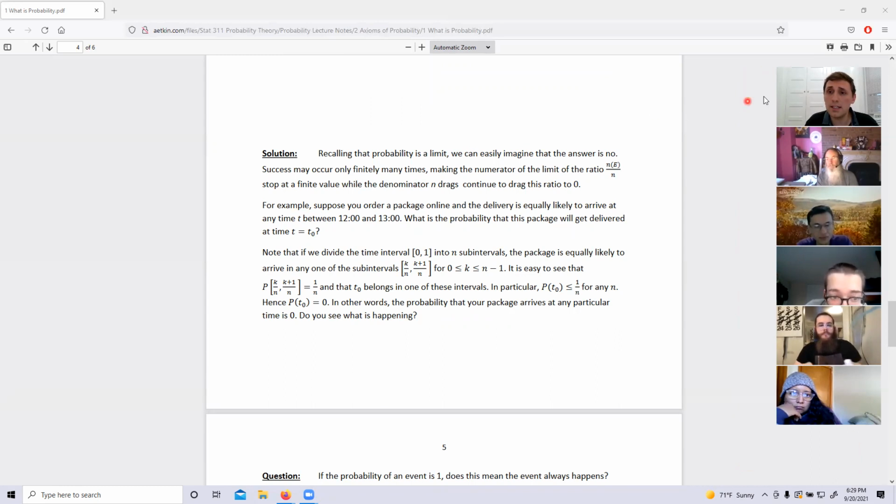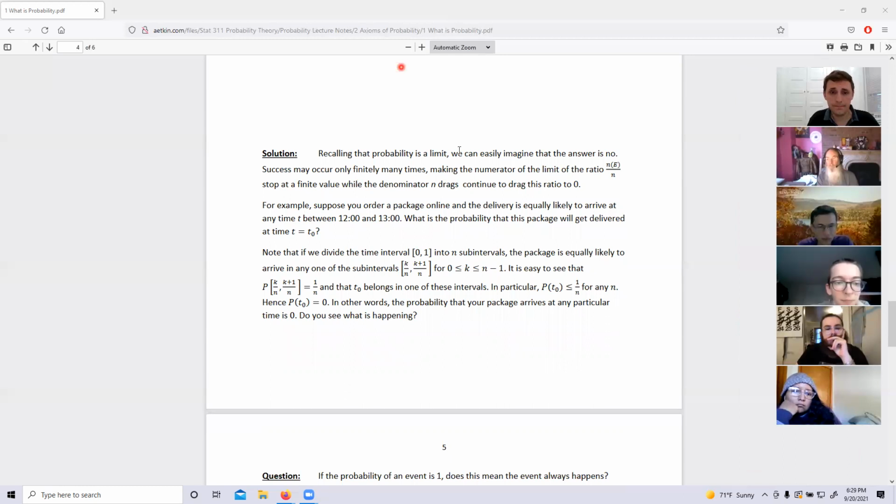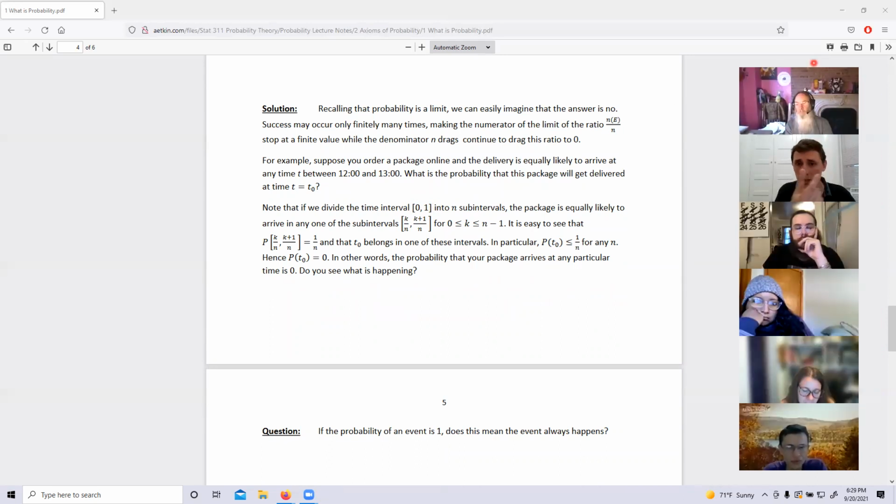And let's say that there is no preference on time. You agree that, in other words, between 0 and 1, any time is equally likely. So what does it mean to be equally likely? It means that if I divide this time interval into, let's say, 10 intervals, then each interval has 1/10. You understand that if you simulate the delivery arriving in this time, within each interval, the arrival is 1 out of 10.